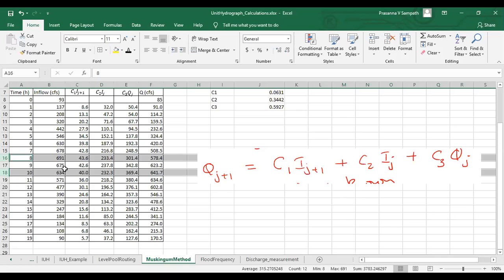So one more class we'll talk about floods and discharge measurement, and after that we move on to groundwater. When we finish groundwater, we'll be done with the entire semester. We have 2 more weeks of classes after this week.